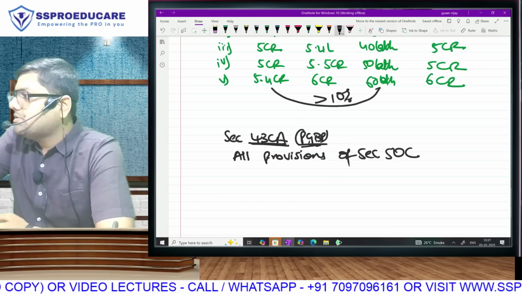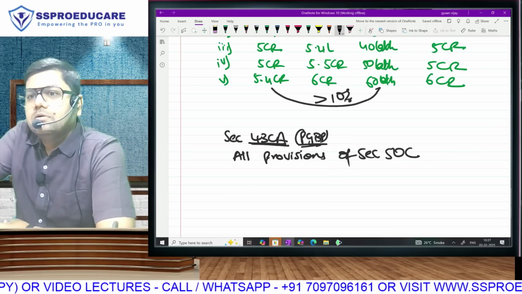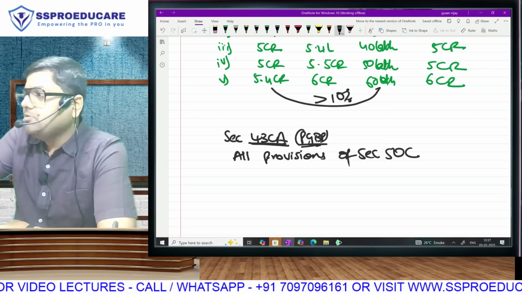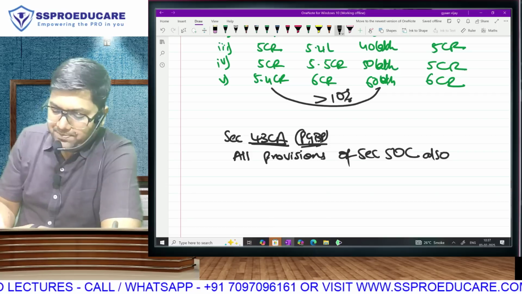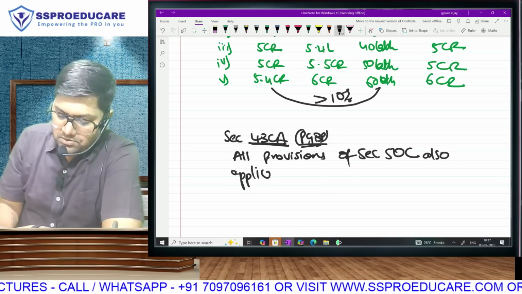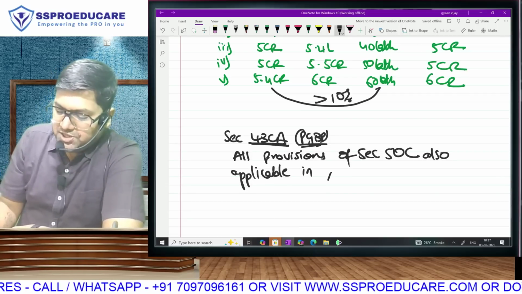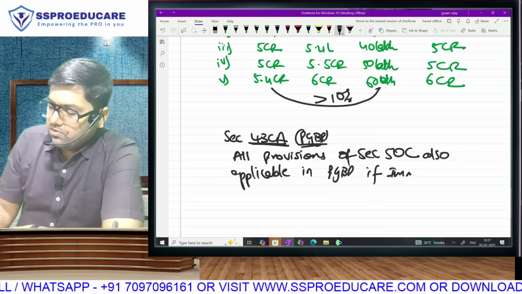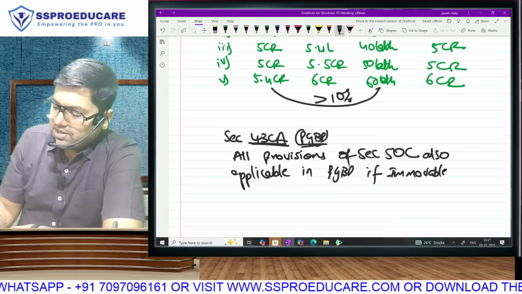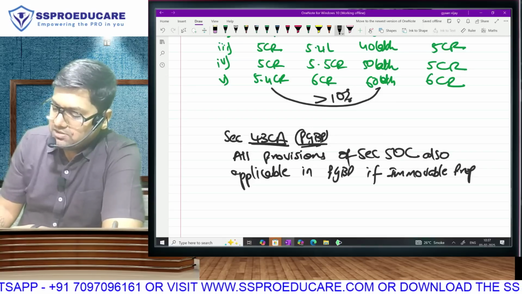You can understand 43CA only if you have studied 50C. All provisions of 50C are also applicable in your PGBP, if your 50C was about immovable property being sold at a difference in cash.